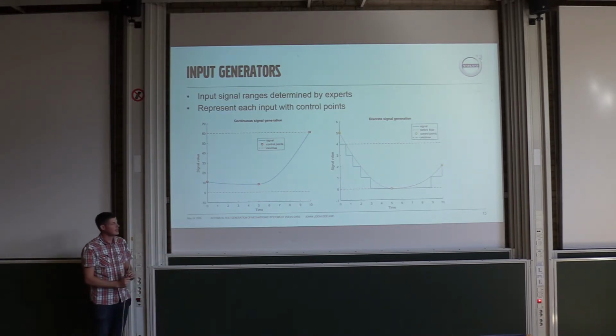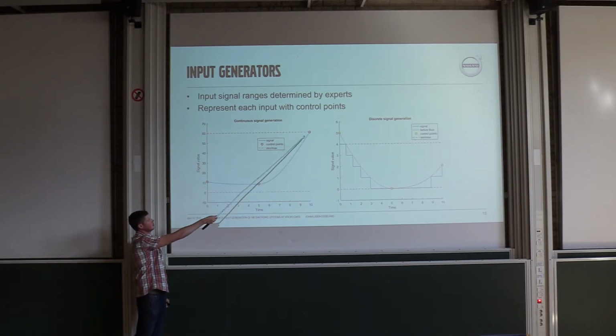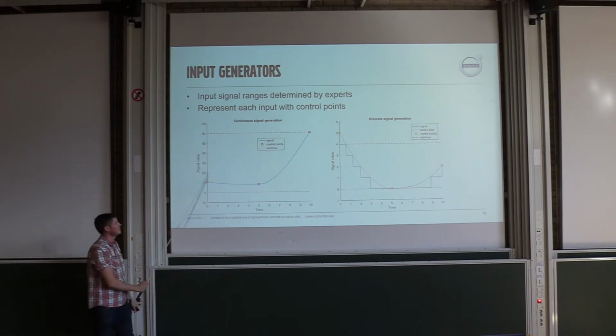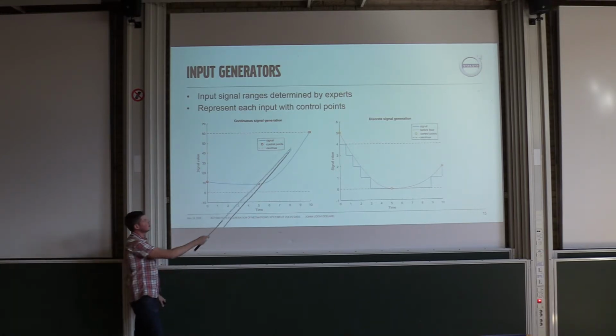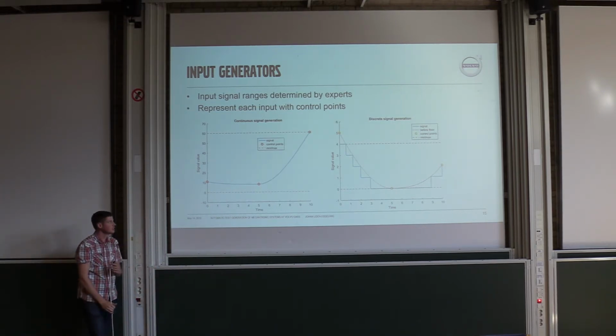And then the idea is that we represent each input with control points. So for this input here, to get this curve, we don't need to define every point on this curve for the simulation. We just define 3 points, here, here, and here. So at the starting, at the end, and at the middle of each simulation.